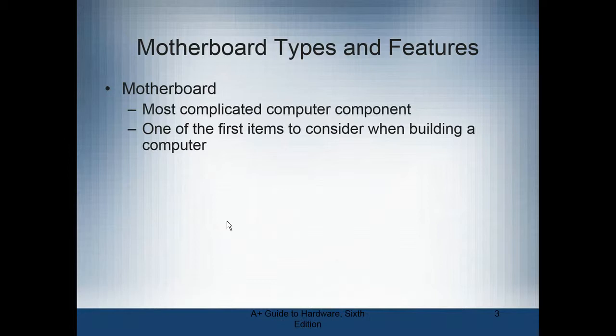The expansion slots go on it, the memory goes on it, and the devices that are supported are there: USB, keyboard BIOS. The keyboard BIOSes are now, I think, incorporated mostly in the chipset itself.